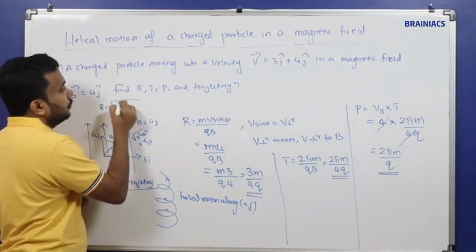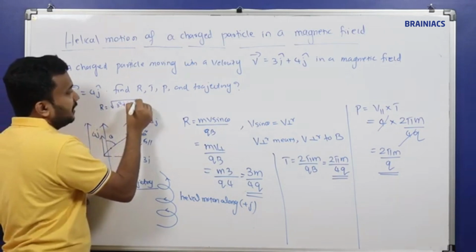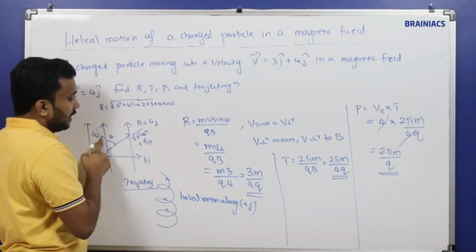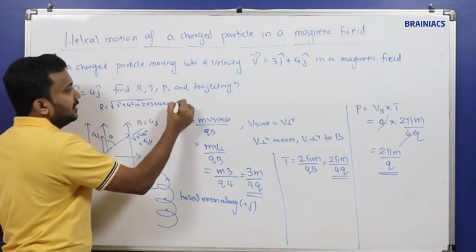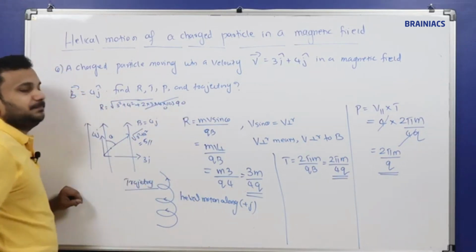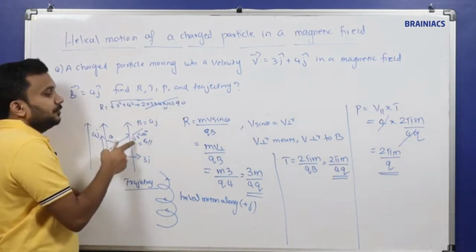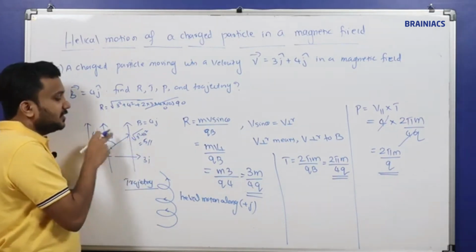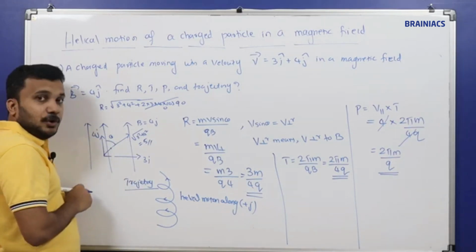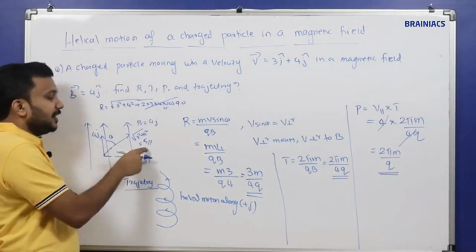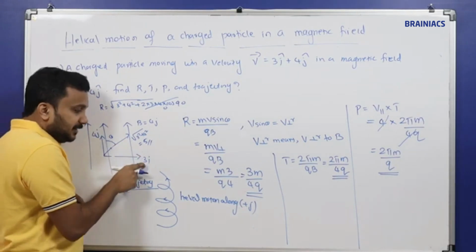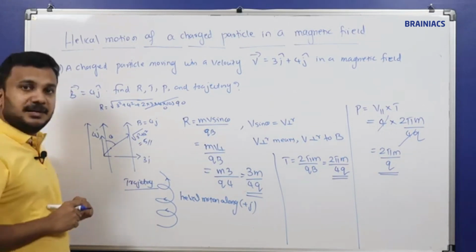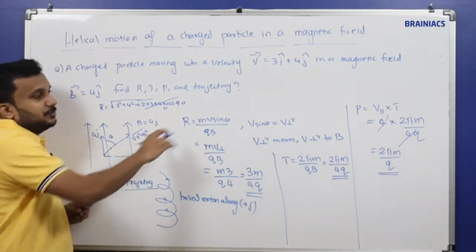Here the angle between 4 and 3 is 90, and cos 90 is 0, so that term vanishes. The resultant is root of 3 squared plus 4 squared, which is 5. That resultant velocity makes an angle θ, where 4j is 5 cos θ and 3 is 5 sin θ, that is, v cos θ and v sin θ.